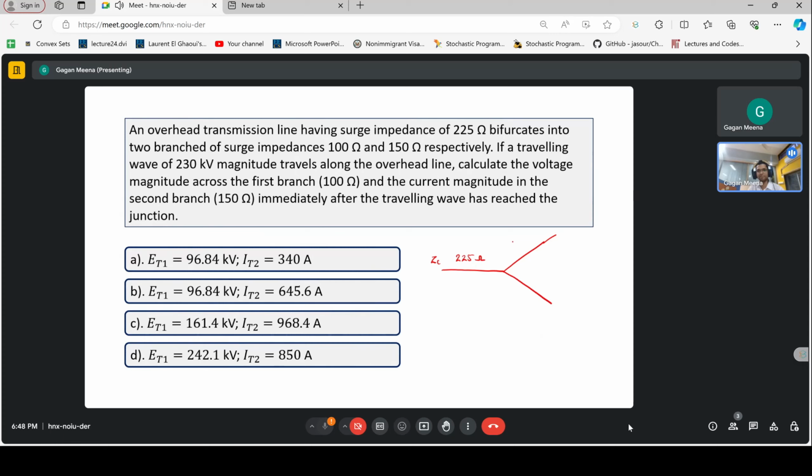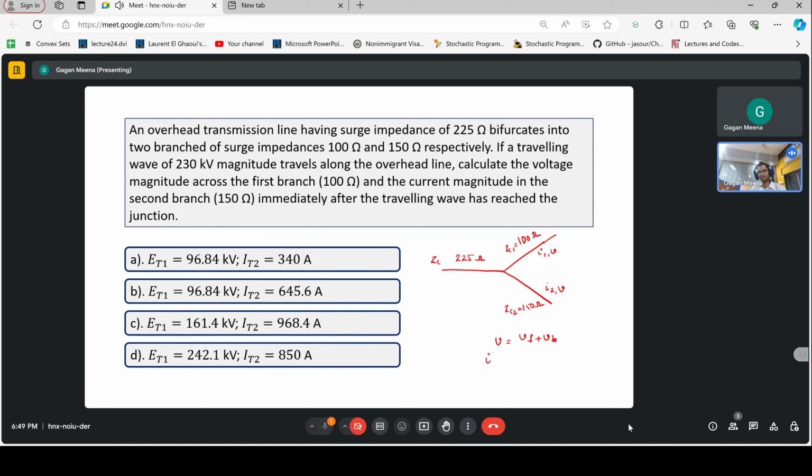And this is only V. So V here is V forward plus V backward, and this is equal to I. And I1 plus I2 is equal to V forward minus V backward divided by ZC, and this is V by ZC1 plus V by ZC2.